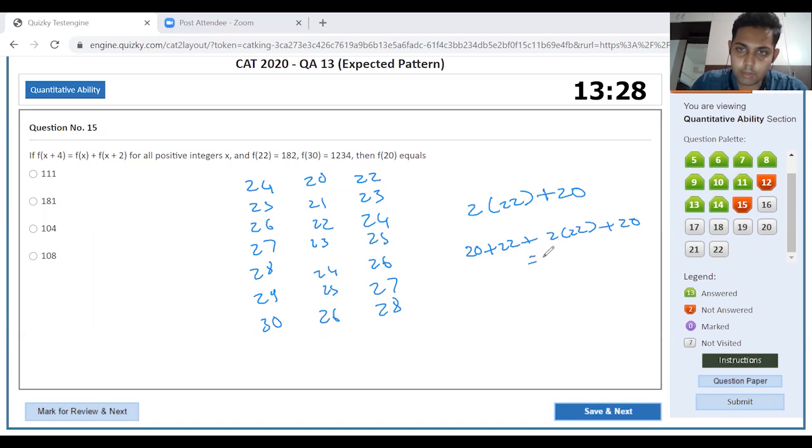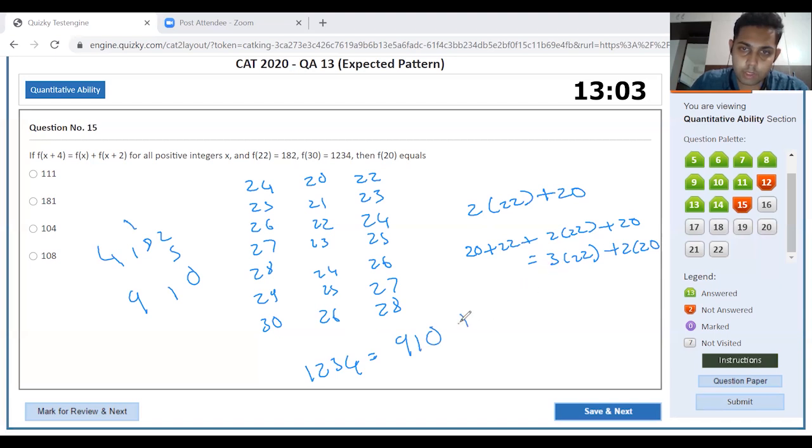So 28 is equal to what? 3 times 22 plus 2 times 20. And 30 is equal to 26 plus 28, which is 3 plus 2, 5 times 22 plus 3 times 20. So that means 182 into 5 is 910, plus 3 times 20.